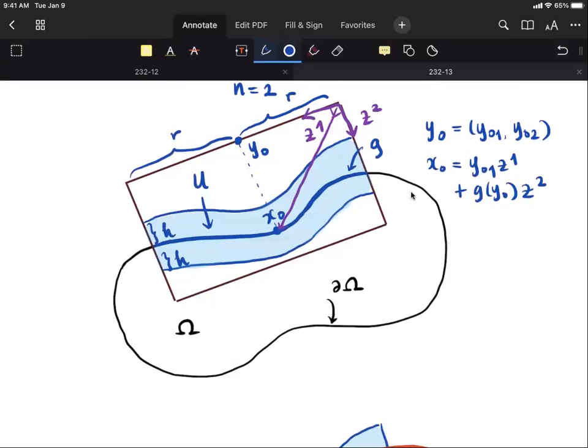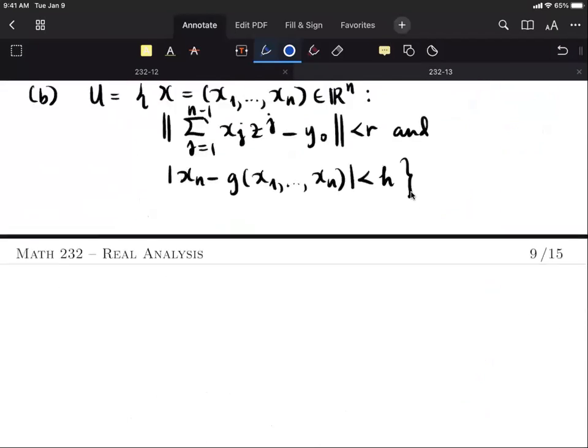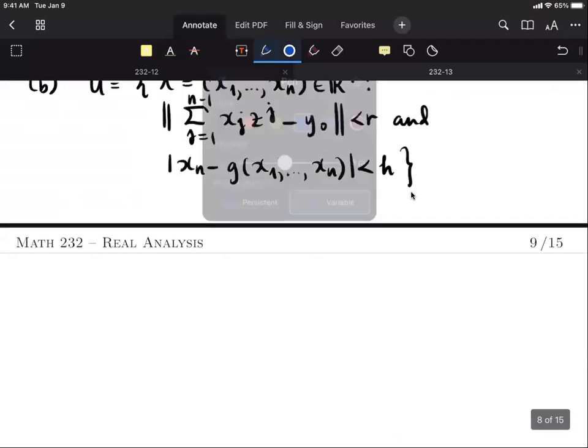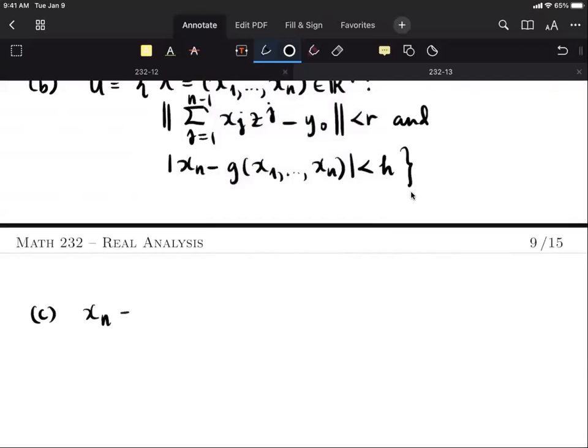And in this case, we also have the following: xn is equal to g of x1 up to xn minus 1. This is true if and only if the point x is on the boundary.